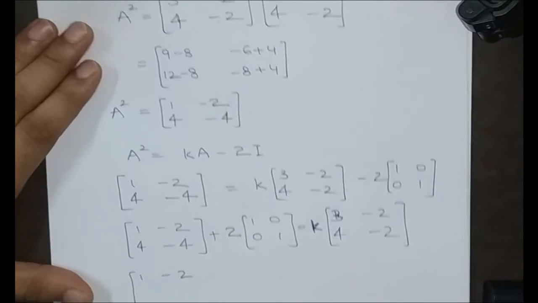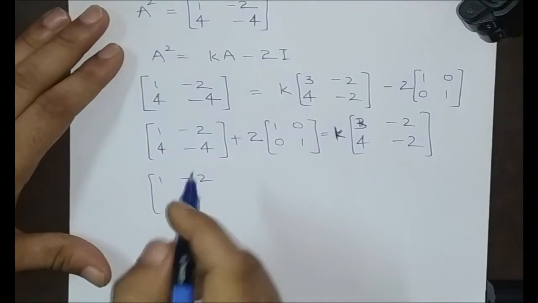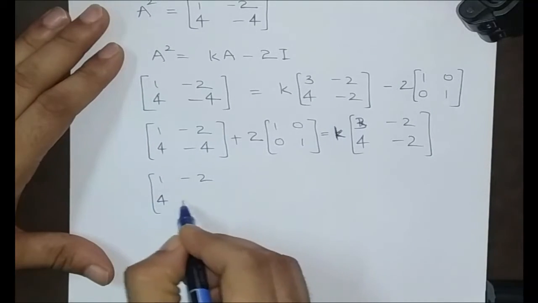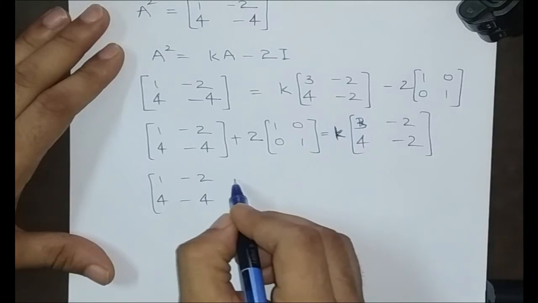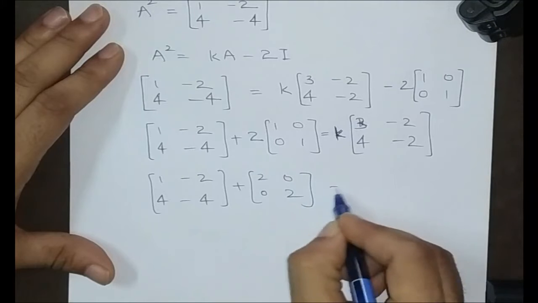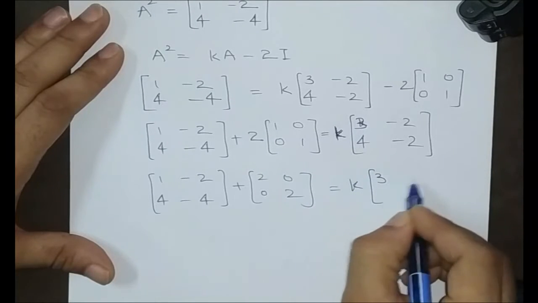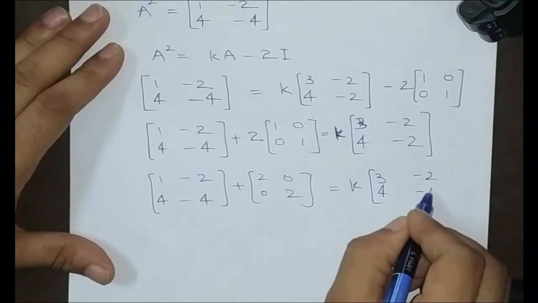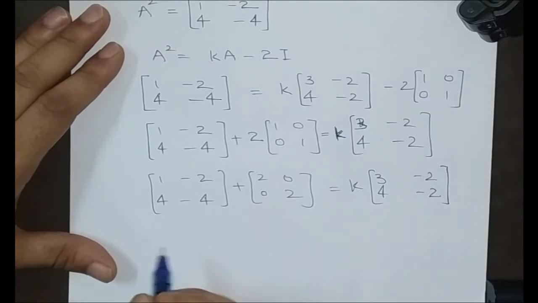[[1, -2], [4, -4]] plus [[2, 0], [0, 2]] is equal to K times [[3, -2], [4, -2]].